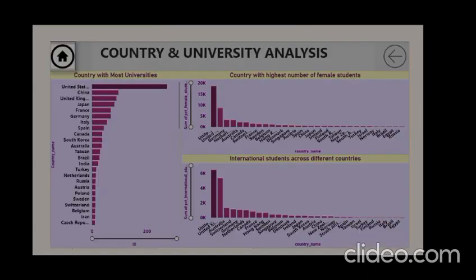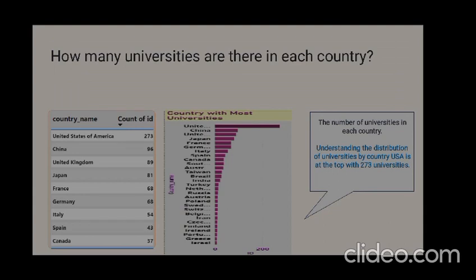As you see, this is the first dashboard that I made on the basis of countries and university analysis. It provides a deep dive into university performance and success factors on a country and university basis. Now, this is the first question of Power BI.